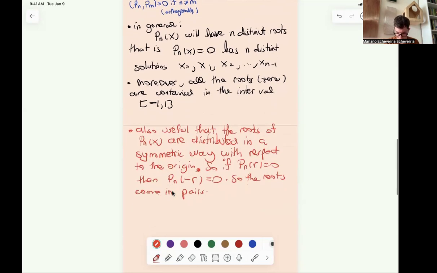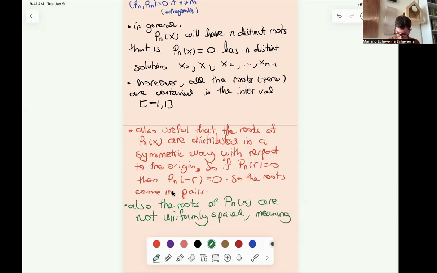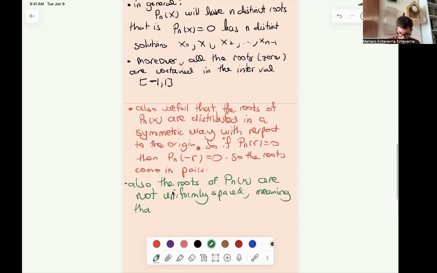Also, the roots of Pn of x are not uniformly spaced, meaning that, in fact, as you approach the endpoints -1 and 1, there are more roots.